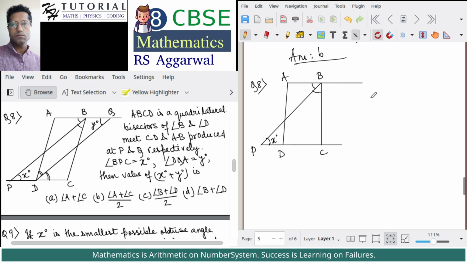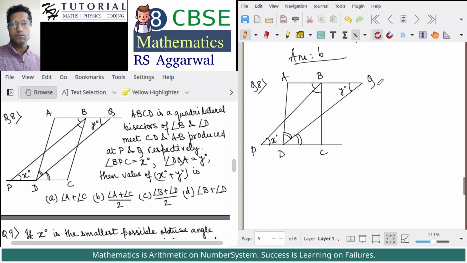Similarly, the bisector of angle D is meeting AB produced at Q. So this angle is equal to this angle, and this is Q, DQ. It's the bisector of angle D, and BP is the bisector of angle B, and this is labeled as y degree.